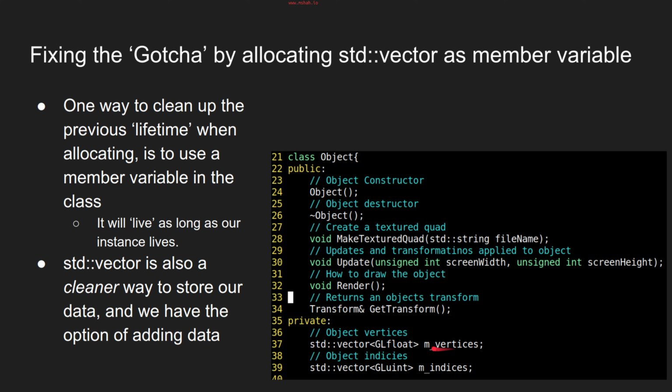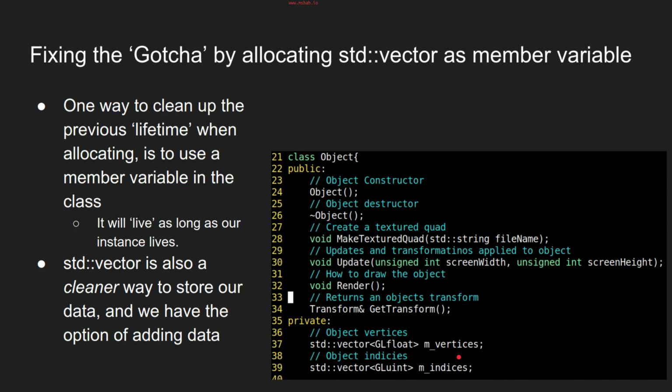And by moving this variable from local scope to be a member variable of our class, these two data structures are going to live for the duration of our object. So then we don't really have to worry about if they go away or if we need to send that data back to the GPU or make a copy or whatever.